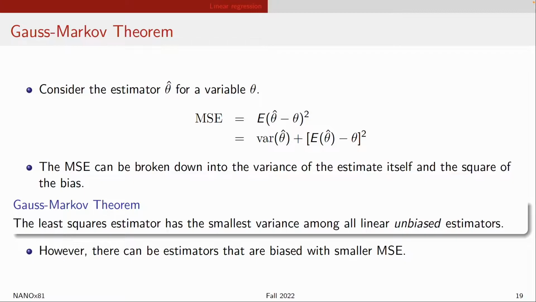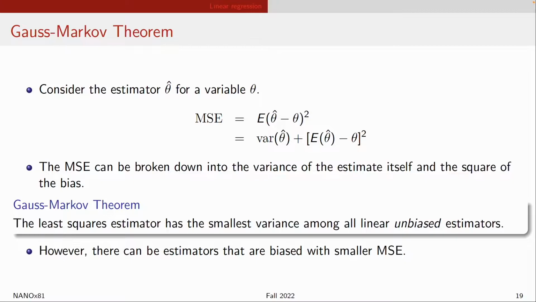And if we expand this out, we can rewrite this in this way, right? What you see is that the mean square error is equal to the sum of the variance of your estimated theta hat plus the expected value of theta hat minus theta itself, squared, right?